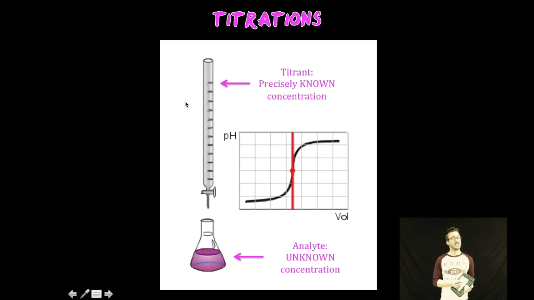We have a titrant of known concentration that we very carefully measure the volume that we dispense into the analyte of unknown concentration. As we do that, we are measuring our volume and monitoring what happens to the pH as we add that volume.